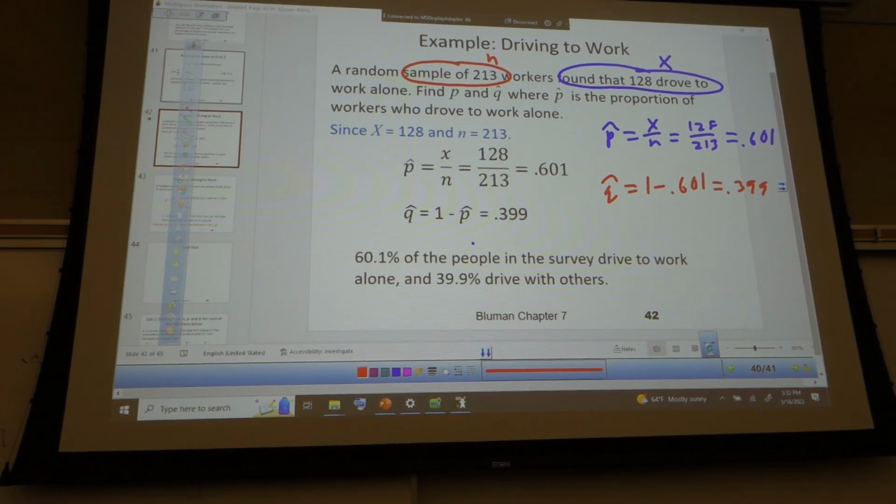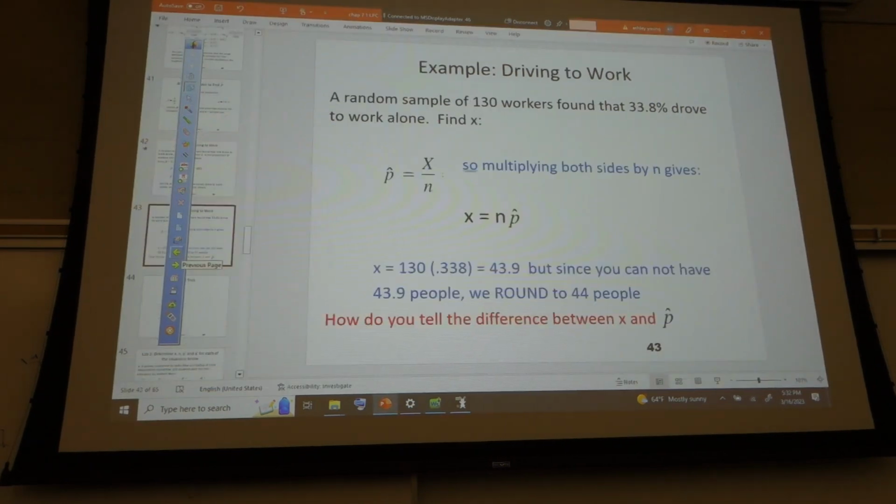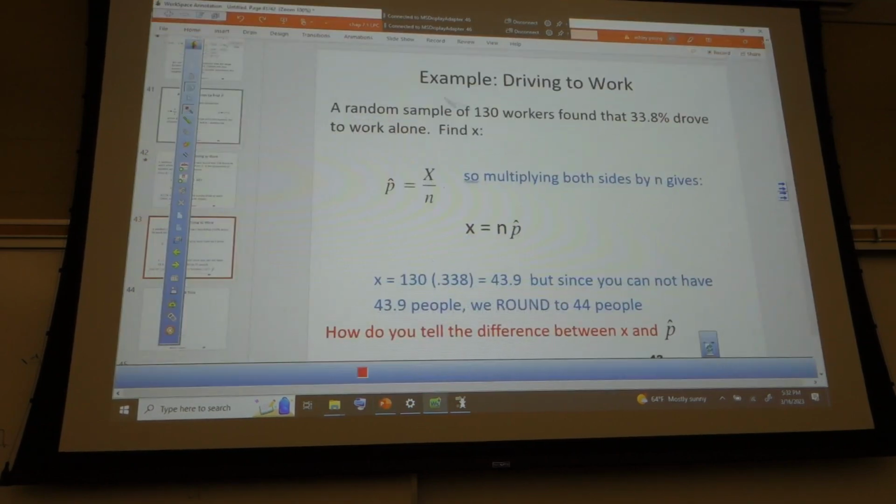So let's flip the page. Now, looking at a random sample of 130 workers, found that 33.8% drove to work alone. So here I have sample of, that's my n.